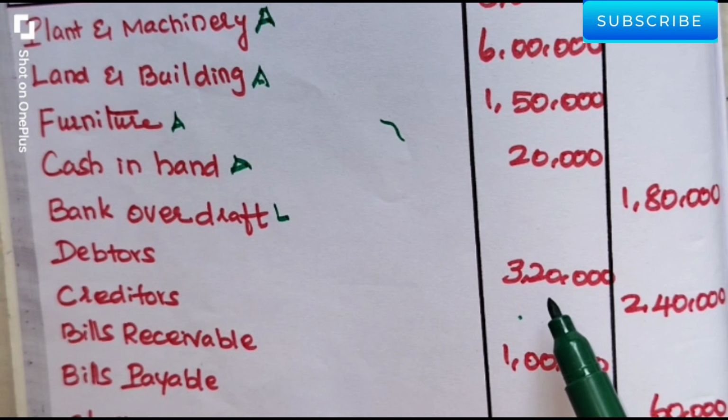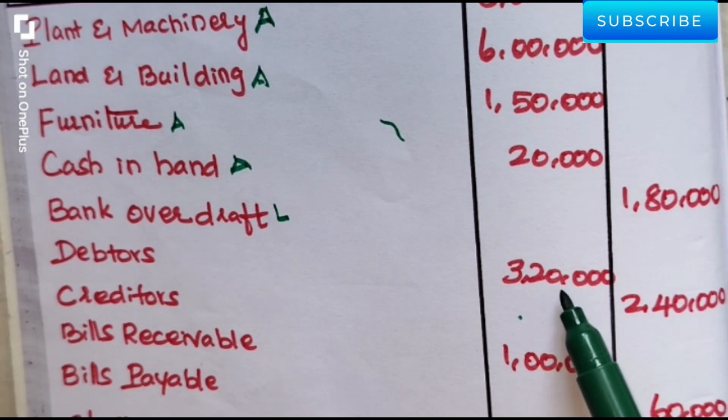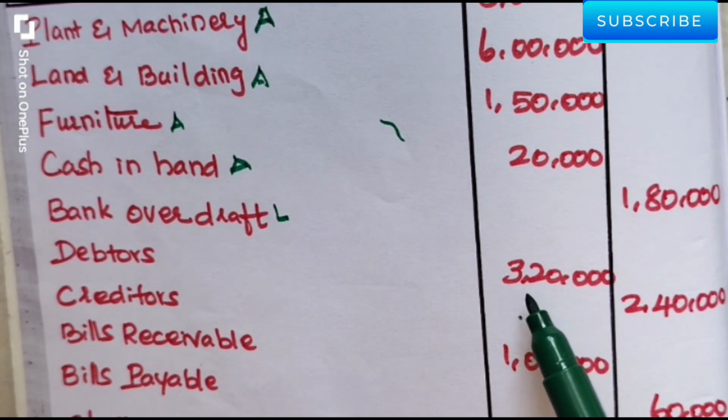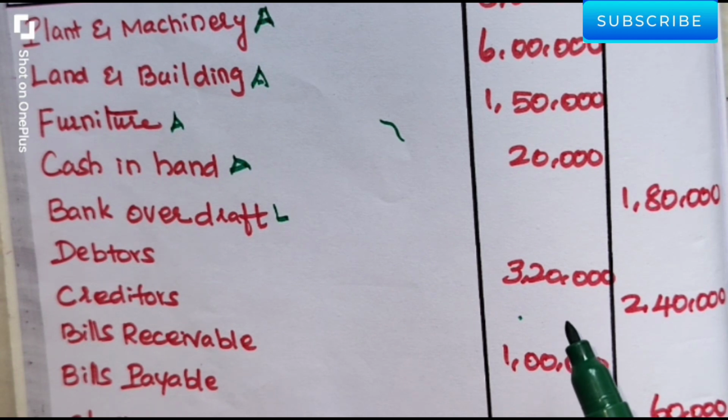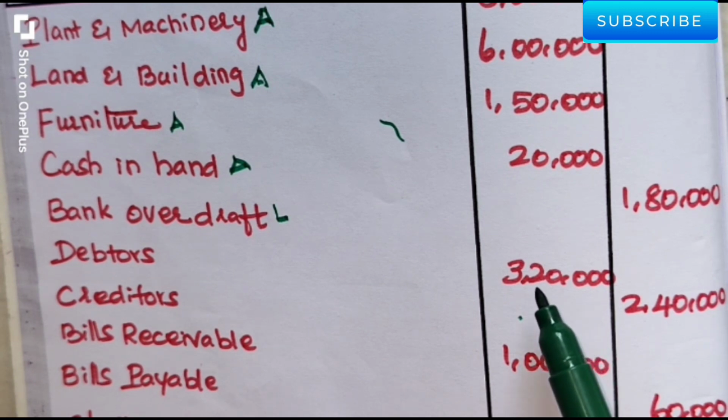During purchasing goods, he didn't pay any money to you, but he promised that he will pay later, within 90 days. Within 90 days, he will pay you that 3 lakhs 20,000 rupees. He promised to you.